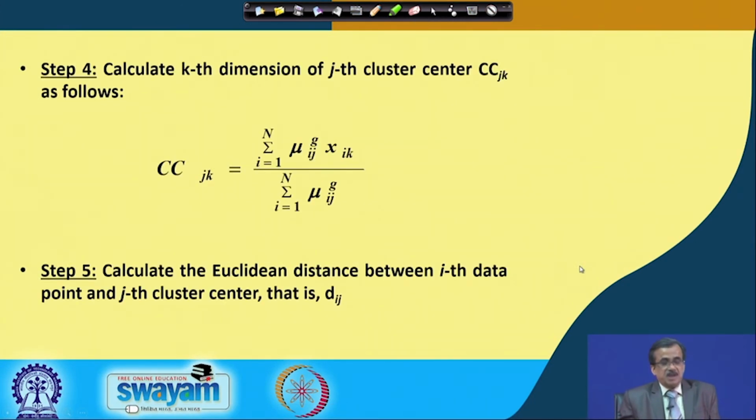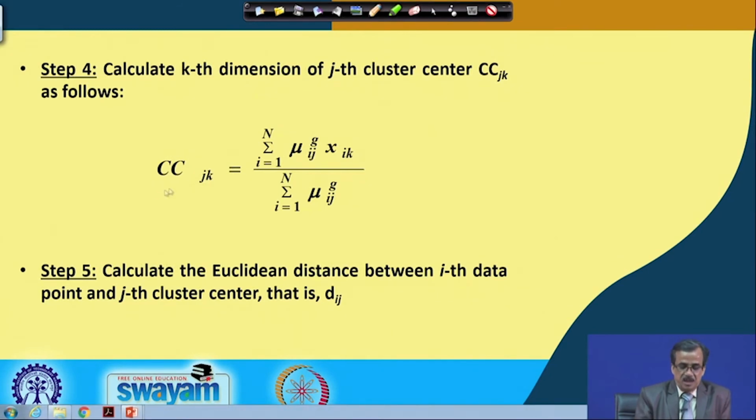Now, then we go for step 4. Here what we do is we try to update the cluster center, that is the kth dimension of the jth cluster center, like CCjk.